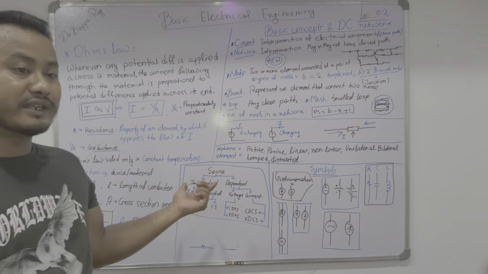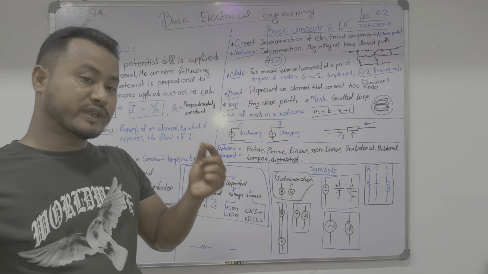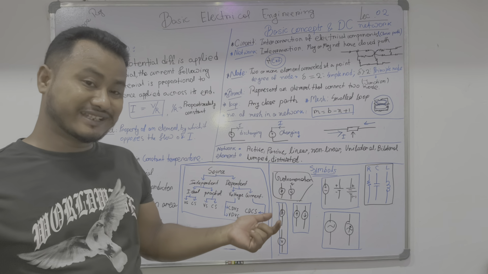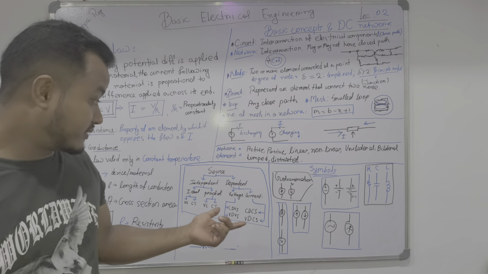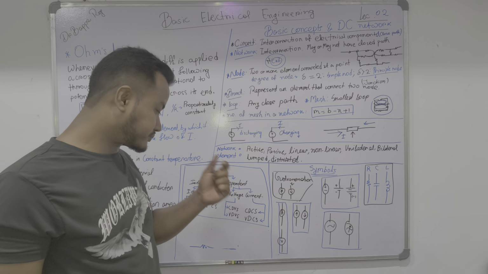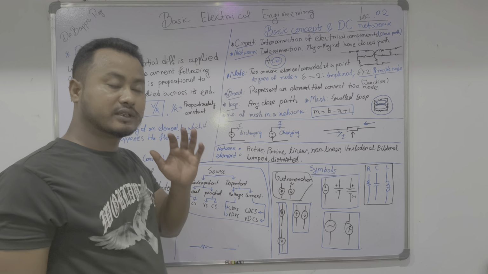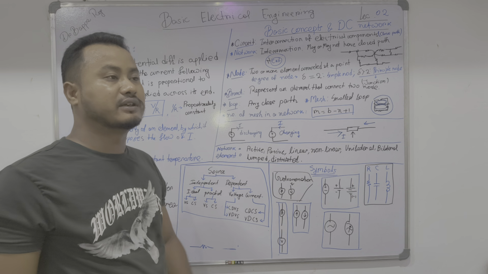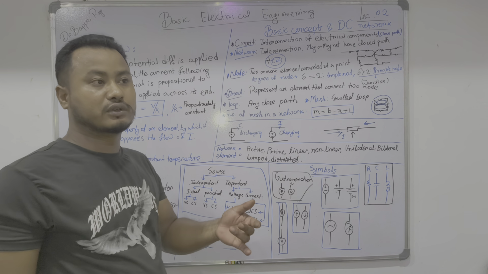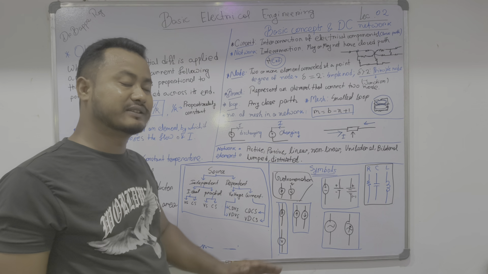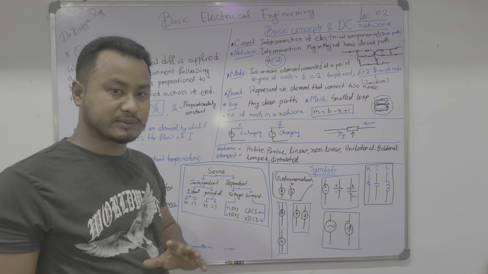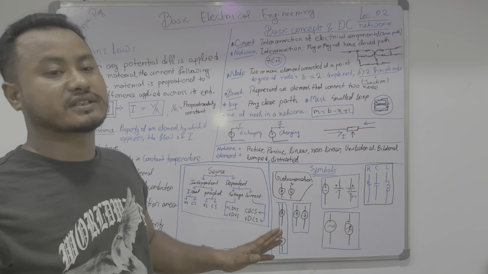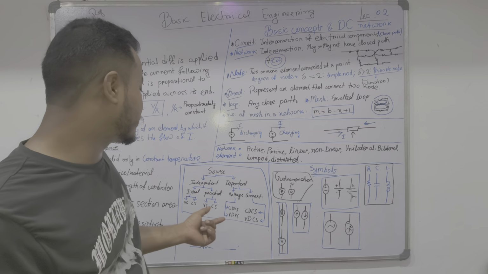Independent means a source that does not depend on any other component present in the circuit. A dependent source is one which gives supply, but the value of that supply depends on any other component present in the circuit. That is a dependent source.